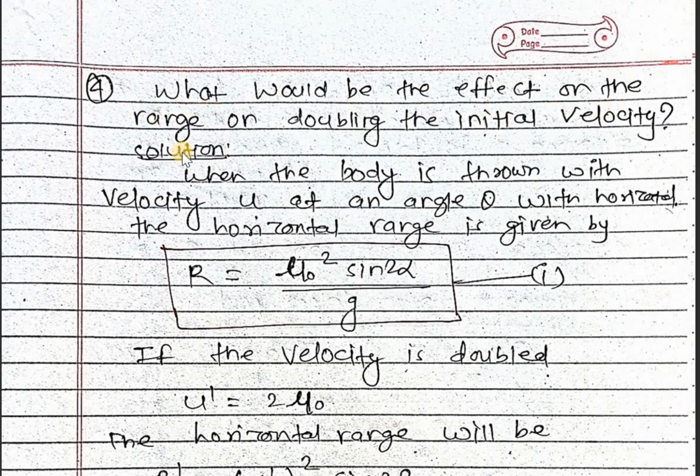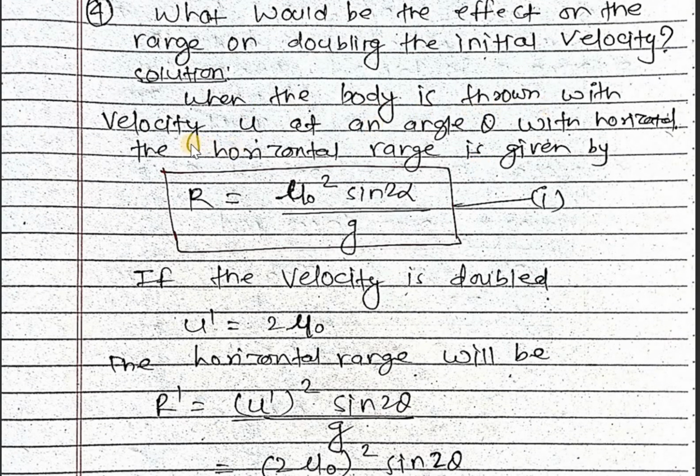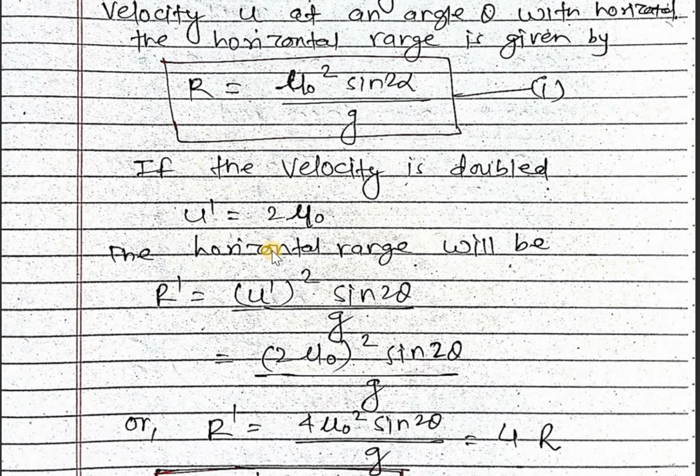Similarly, the next question is: what would be the effect on the range of doubling the initial velocity? When the object is thrown with a velocity u at an angle theta with the horizontal, the horizontal range is given by R equals u square sine 2 theta upon g. This is equation first. If the velocity is doubled, that is u dash is 2 u naught, where u naught is the initial velocity, the horizontal range R dash will be u dash square sine 2 theta upon g.